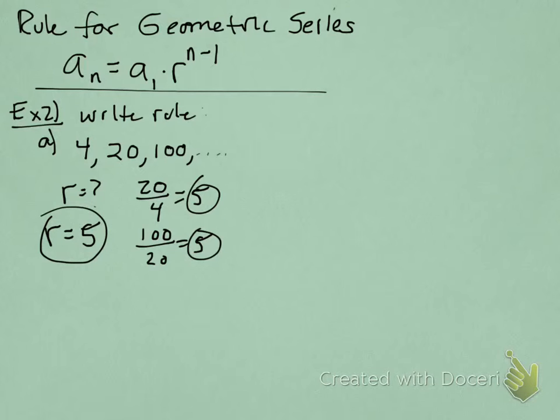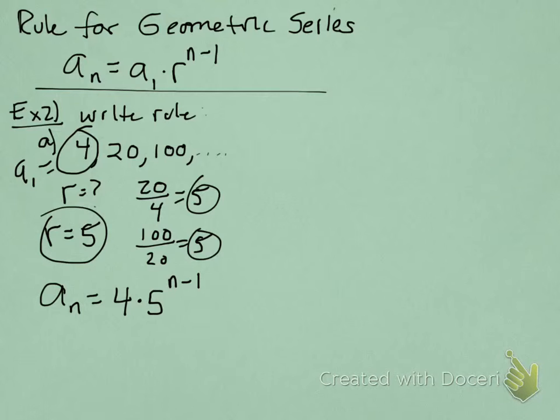The other thing I need to know is my first term, which is given to me. It's 4. So a sub 1 is just 4. And I've got to plug it in. So I'm going to write a sub n, my rule, is going to be the first term, 4, times the common ratio, 5, to the power n minus 1.